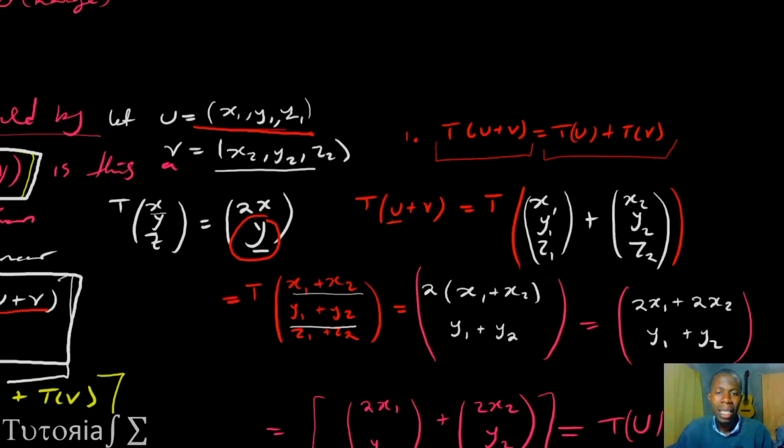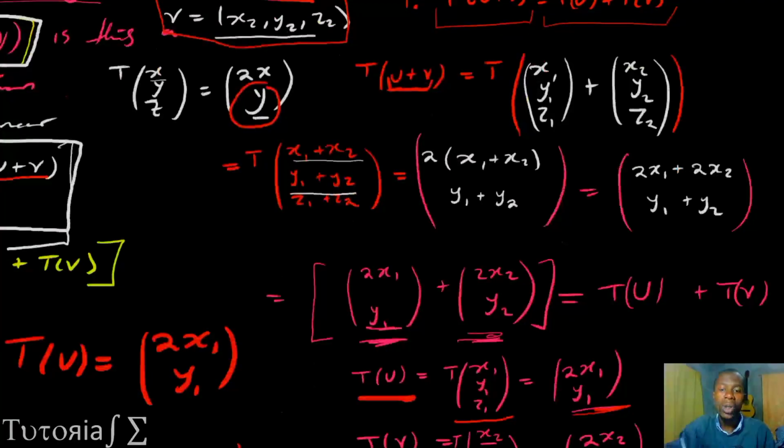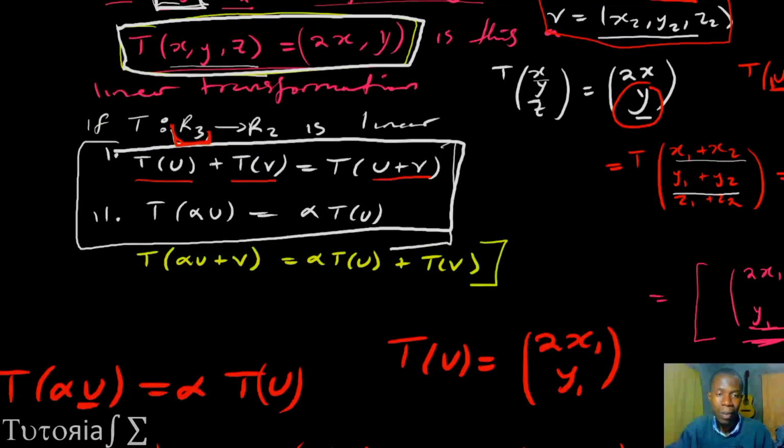So we added the two vectors in the object. The object is R3. So we got vectors in R3. We can name them any vectors. And we added them, then we transformed them. Then it should produce to us these two vectors, which is the transformation of the individual vectors.